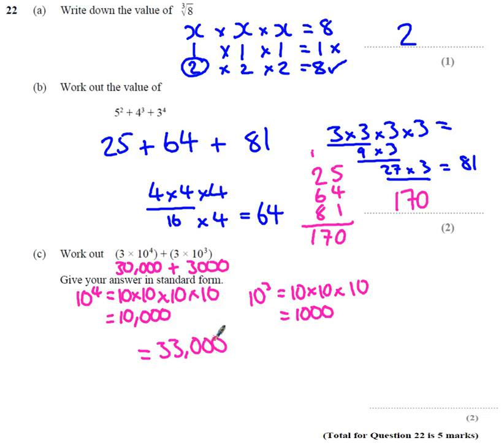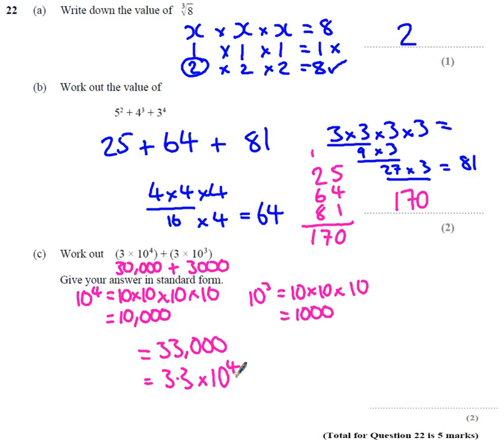Now the question does say give your answer in standard form. Now standard form means it has to be in the format where the first part is greater than 1 but less than 10, and you're multiplying it by powers of 10. So if we think about this now, what I've got here is 3.3 times 10 to the power of, now it's 33,000, it must be to the power of 4.